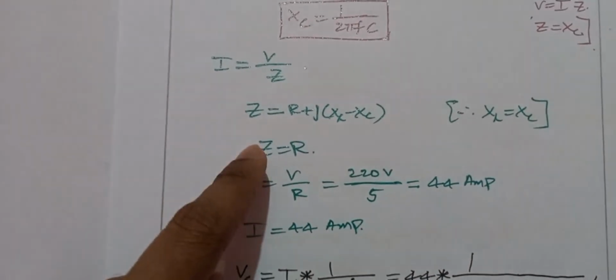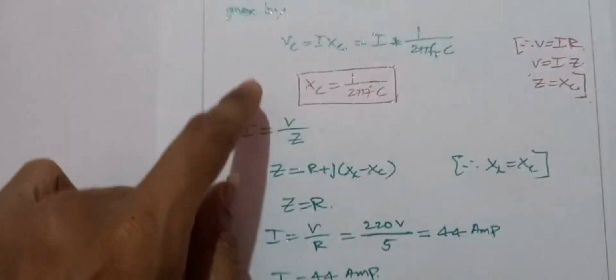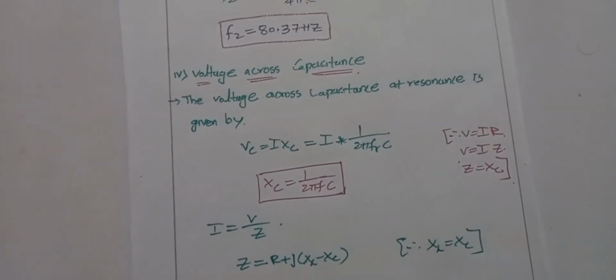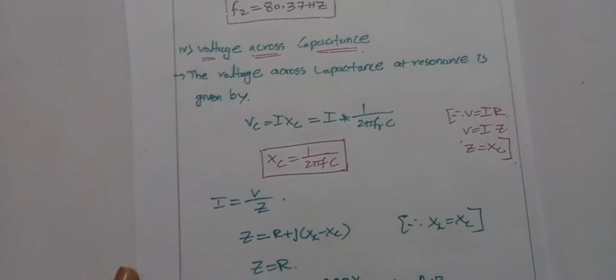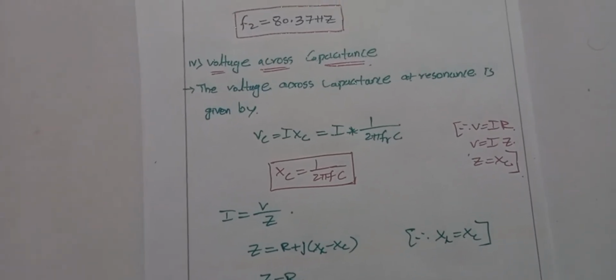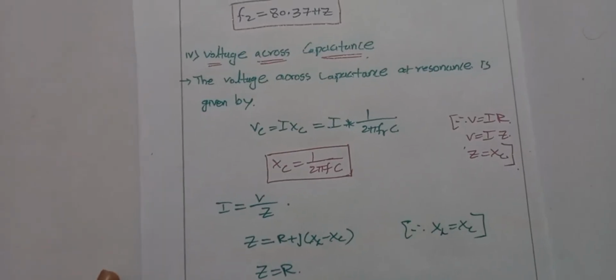Why do we need to take this Z equal to R relation? Because we need to calculate the voltage across the capacitor at resonance only. Resonance means both inductive and capacitive reactance cancel, and the net reactance is 0. That is the condition for resonance.